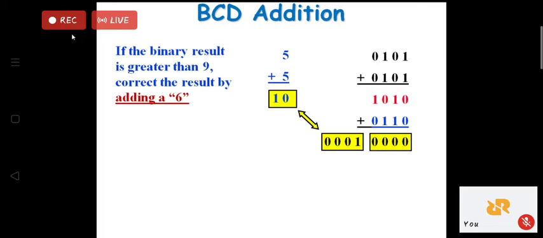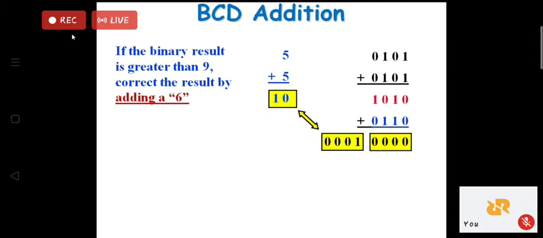We will solve a couple of problems, then the concept will be clear to you. One problem I have quoted here is 5 plus 5. I have written its binary equivalent, 0101, that is 5, and the second 5 again is 0101. Then what I told you is to add them first using normal binary arithmetic.